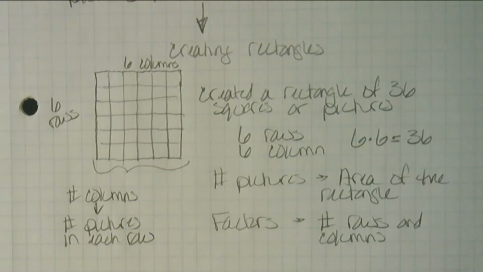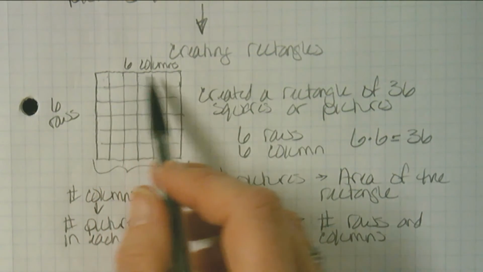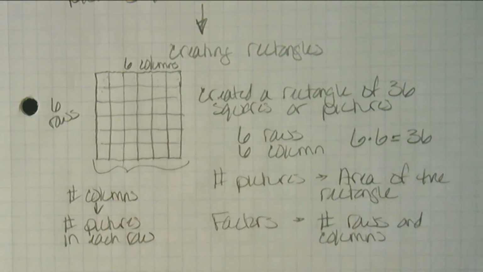Can you see how that works? So I have 6 rows, and I have 6 pictures in each row, 6 columns. So the number of pictures is the area. The total number of pictures that we want is the area. And one possible combination is 6 rows with 6 pictures in each row, or 6 columns.